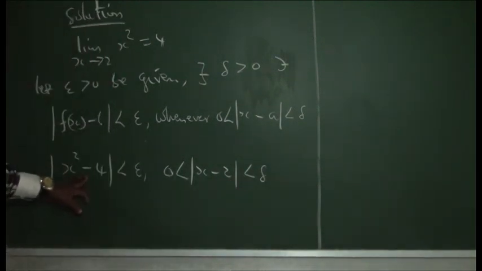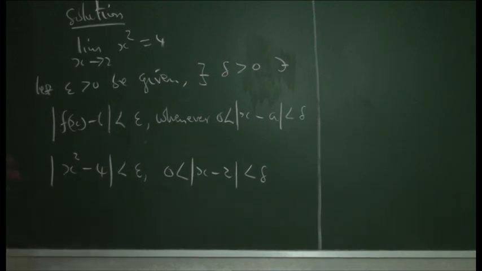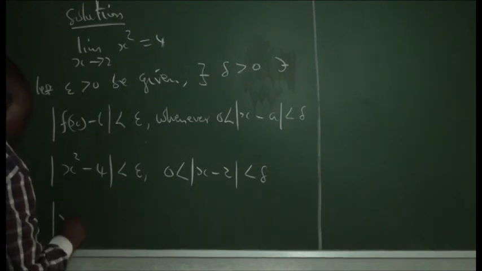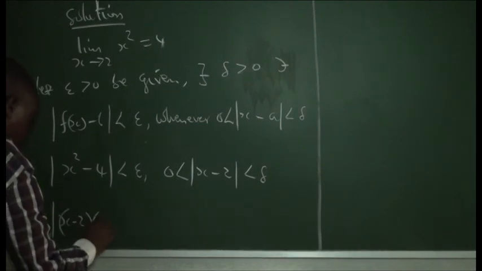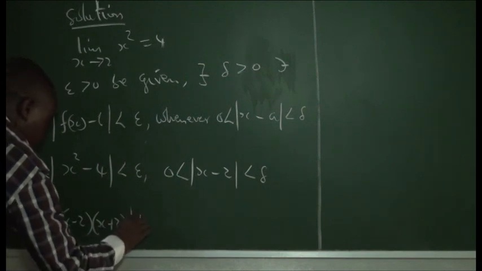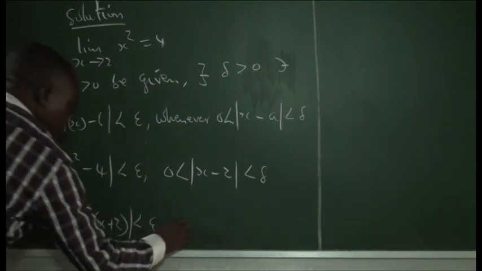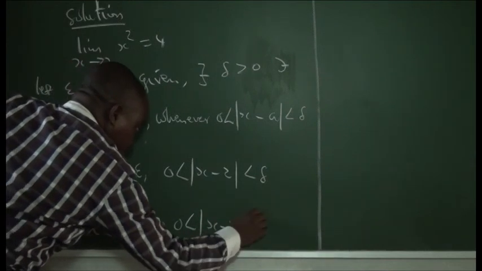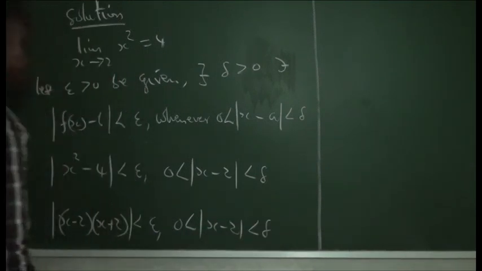Now here we see this one is quadratic, that's power 2. It is different from what we were doing because those ones were linear functions. So we can factor this. This is a difference of 2 squared. So we have |x − 2||x + 2| less than epsilon whenever 0 is less than |x − 2| and less than delta.